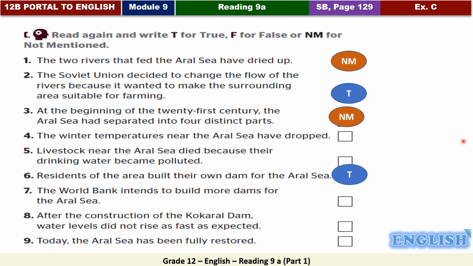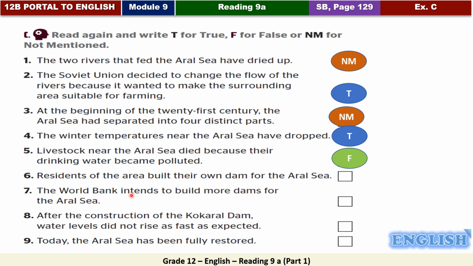Yes, good, true. Livestock near the Aral Sea died because their drinking water became polluted. Yes, it's false, of course.